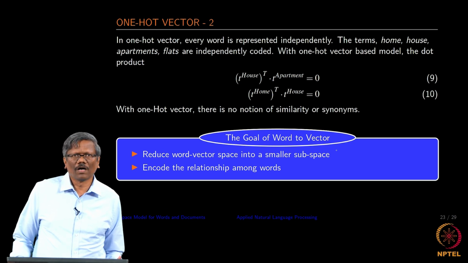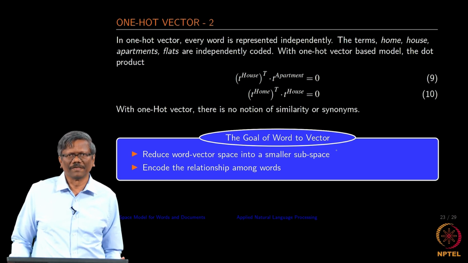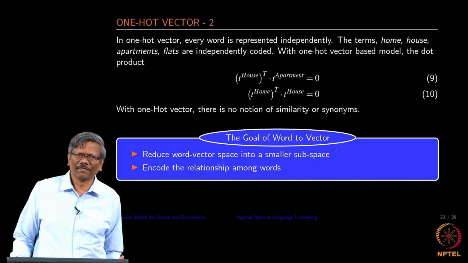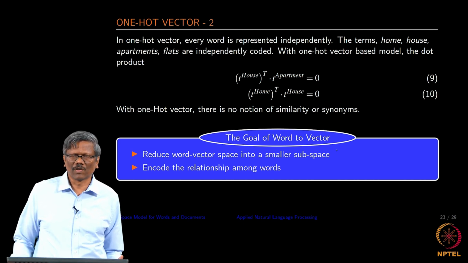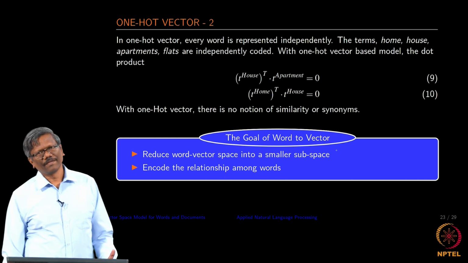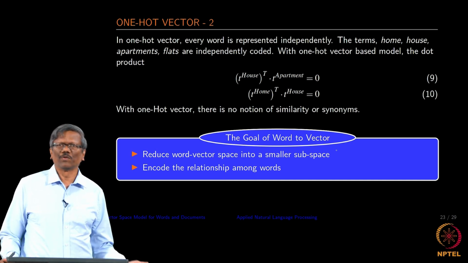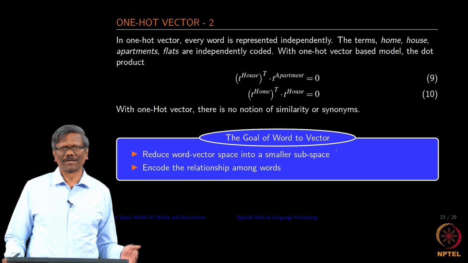In this case, the terms home, house, apartment, flats are independently coded, even though we know that they are related to each other. Since we are using a simplified codification scheme called one hot vector, they are coded independently, and there is absolutely no correlation between them, even though we know well that they are quite similar to each other.